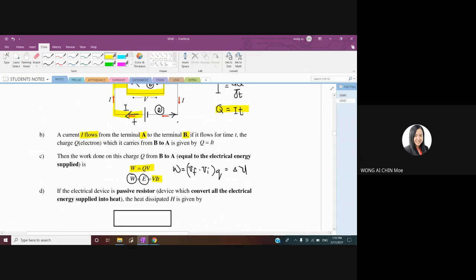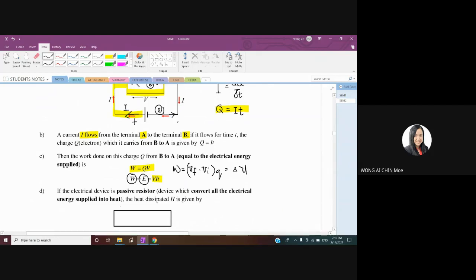Therefore, if the question asks what is the electrical energy supplied by the battery, we can use this equation to calculate: E equals IV times T.